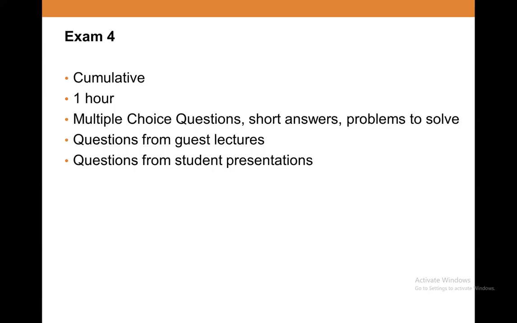The 4th one, it depends. If she says, okay, I can share it online. Then the student presentations, I haven't uploaded the schedule, but I think the first 5 groups will be the first week, and the next 5 groups will be the second week. You'll have questions from the student presentations.